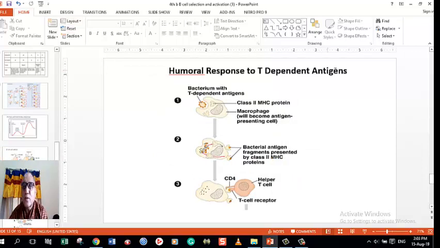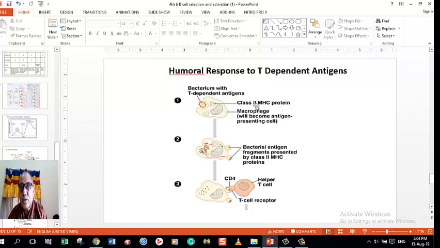Right now, the humoral response to the T dependent antigens. What I'm saying is how the humoral antibodies are produced with the help of T cells. For example, if bacteria infect a macrophage, you know that the macrophage is an antigen presenting cell, so it will have MHC2 protein on its surface.